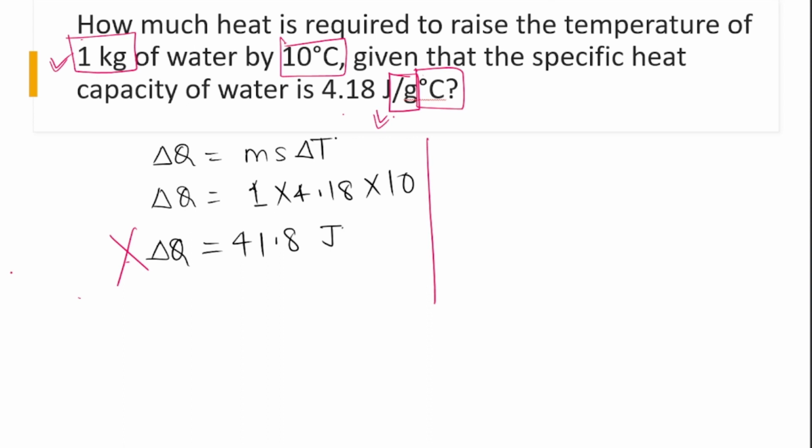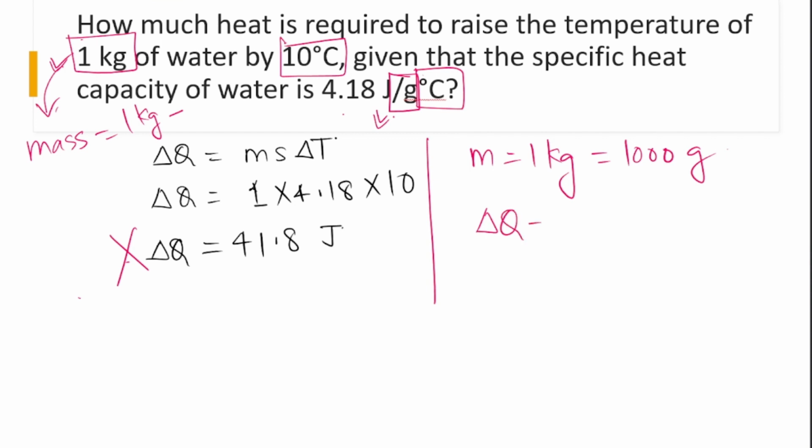So it's easier to write this mass of 1 kg in gram. So I can write mass m is equal to 1 kg, which is equal to 1000 gram. Now I can use the formula which we have written earlier.